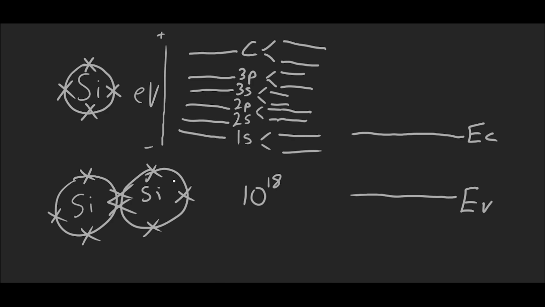So in between these bands, we have what's called the forbidden gap. So there are no available discrete energy levels, no available electron states in between the conduction and the valence band. However, if we have electrons in the valence band with the right amount of energy, they can travel through the forbidden gap to the conduction band.